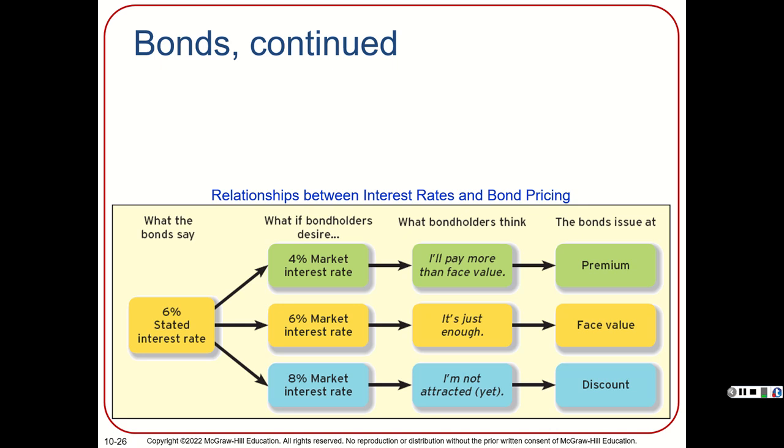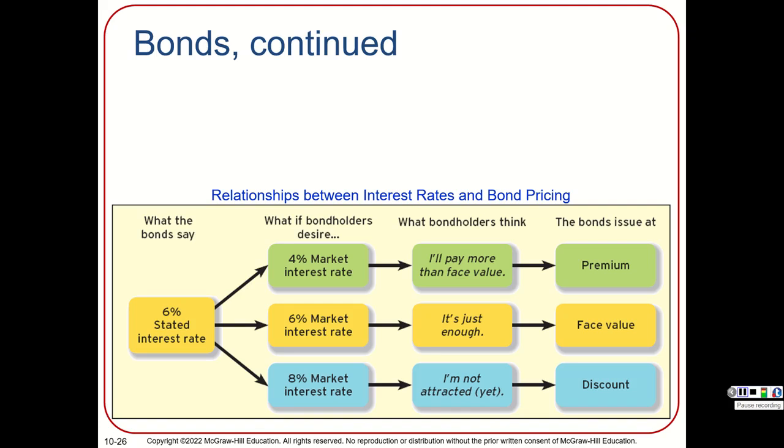And then the bond issuer would have to accept the amount that investors are willing to invest if the market is higher. So they will pay a little bit less, and the company will just have to consider that decrease, which is called a discount. The first one, where the investors are paying a little bit more, that's a premium. And we'll see where that comes into play when we get into the transactions.